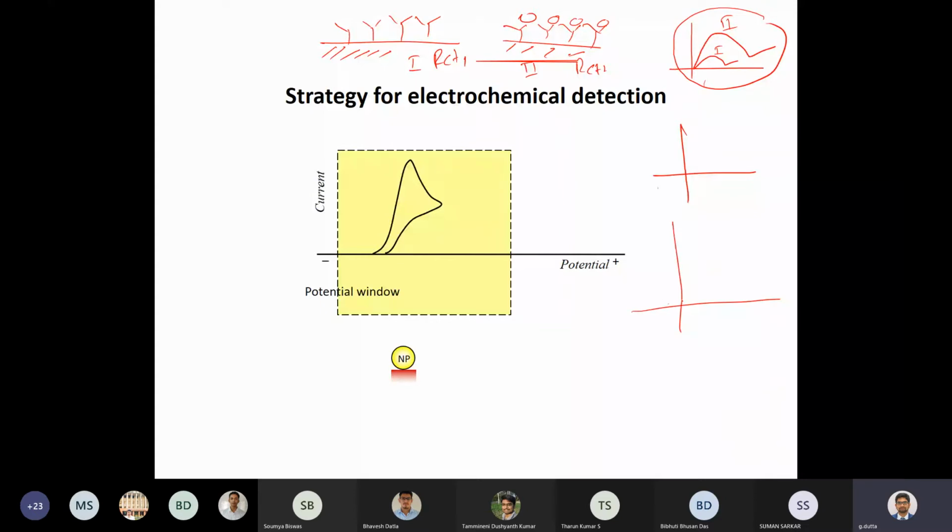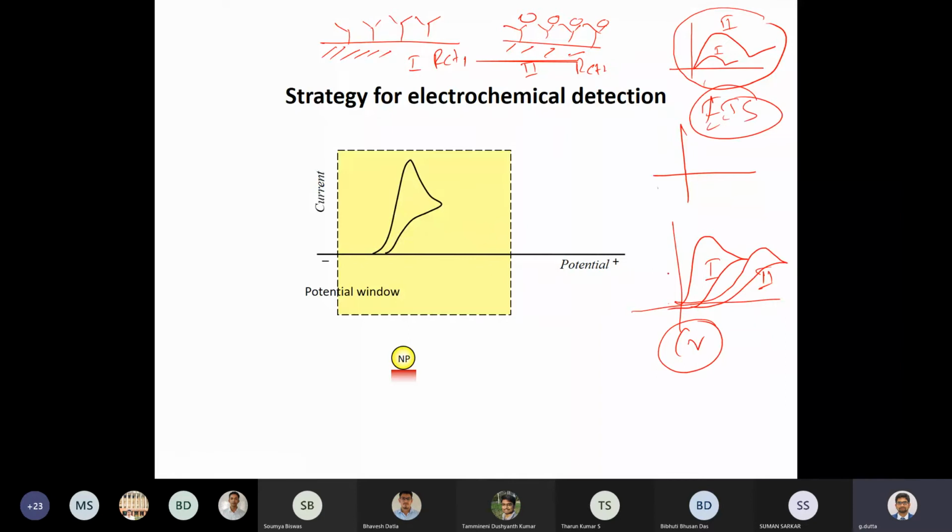Like glucose, right? From the number one, you will get like this, and from the number two, you will get like this. So from the CV, you will get a difference like this, and from the EIS, you will get like this.